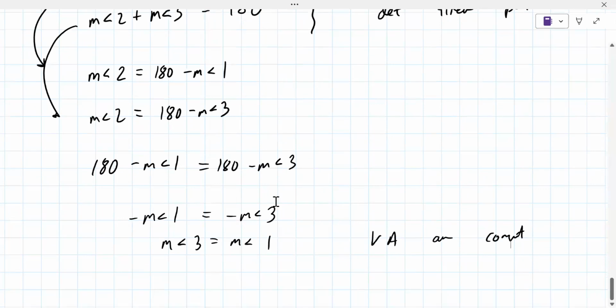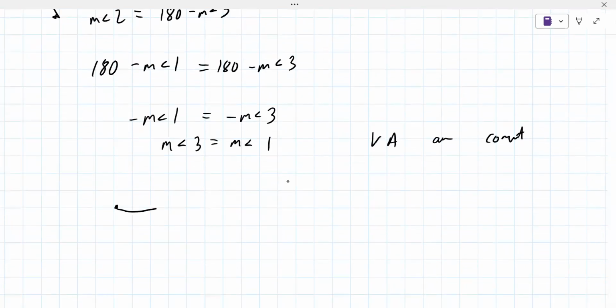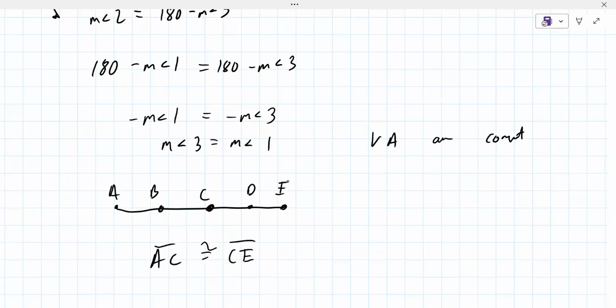The other one is, if I give you a line segment with points A, B, C, D, E, and I tell you that AC is congruent to CE, and that B is the midpoint of AC and D is the midpoint of CE, you can prove that AB equals DE, or BC equals CD.